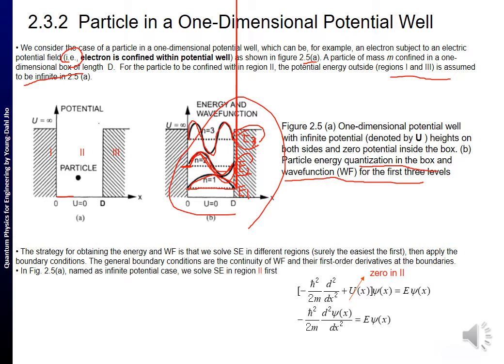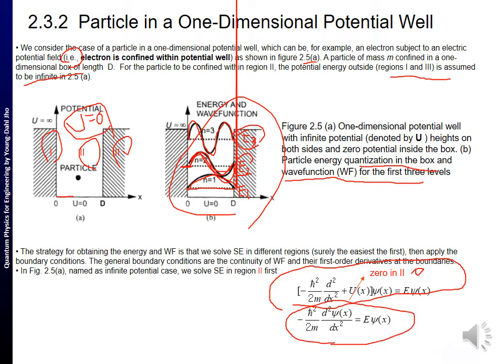The strategy for obtaining the energy and wave function is that we solve Schroedinger equation in different regions, surely the easiest first. Then apply the boundary conditions. So we have 3 different regions, and here the potential is set to be 0. In this time independent Schroedinger equation, we set this to be 0 and solve the second order differential equation.